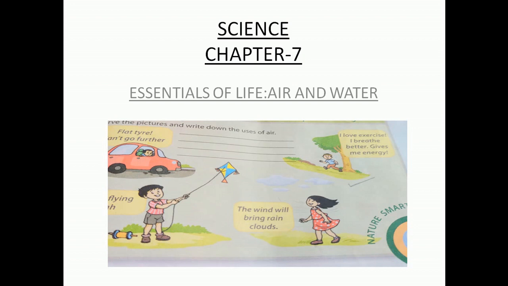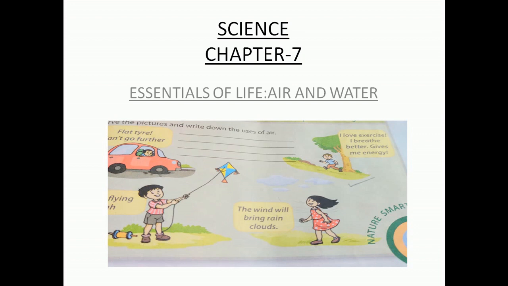The air is all around us in our environment and we take it in when we breathe. The air consists primarily of oxygen, nitrogen, and small amounts of other gases. But we require fresh air, that is, oxygen, to survive.